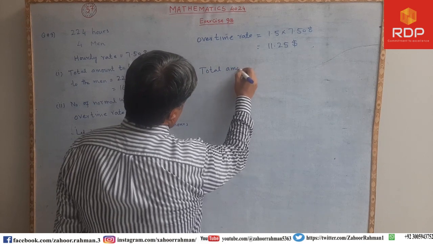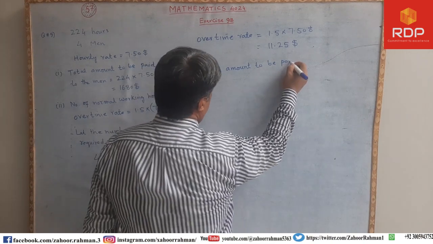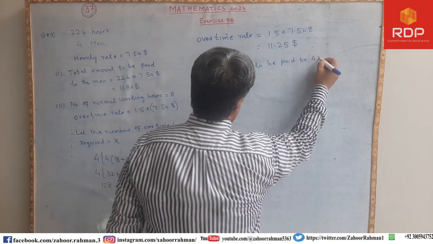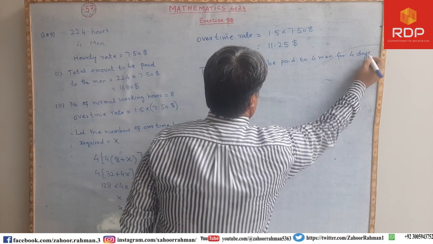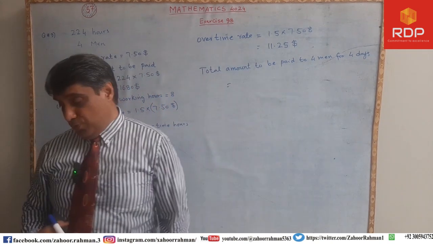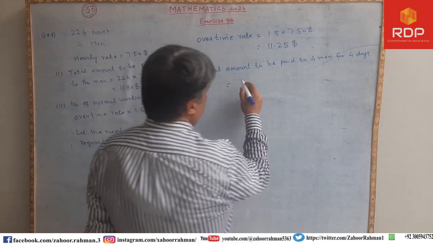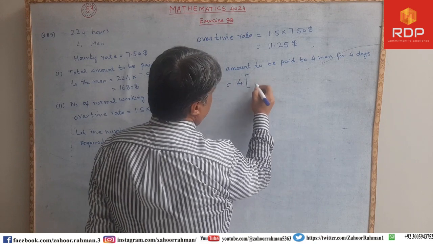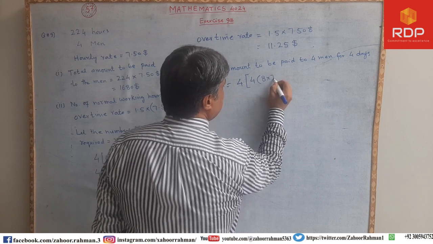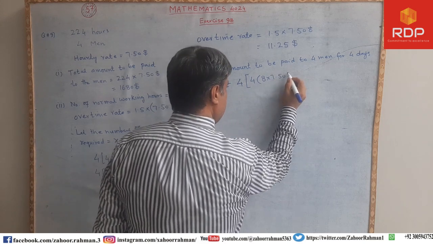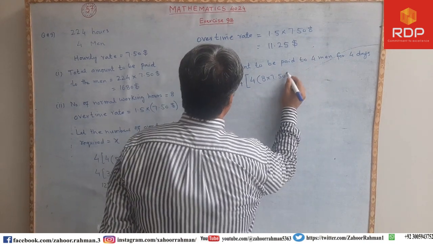Total amount to be paid to 4 men for 4 days will be equal to 4 into 4 into 8 multiplied by 7.50. 8 hours they are working, normal rate.